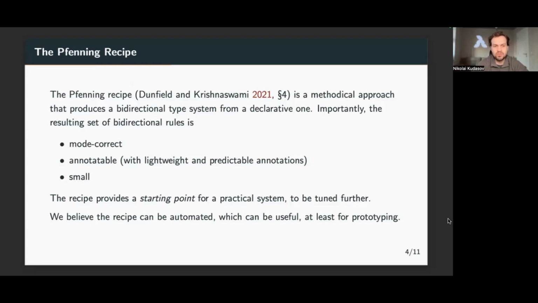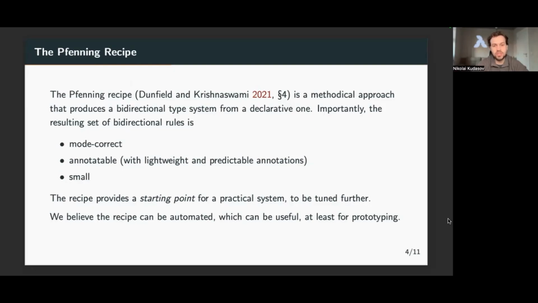The set of bidirectional rules that are produced by the Fenning recipe has some good properties. For example, it is mode correct, which roughly means that we definitely can derive a recursive algorithm that would not get stuck on something during type checking. It is also small and annotatable.